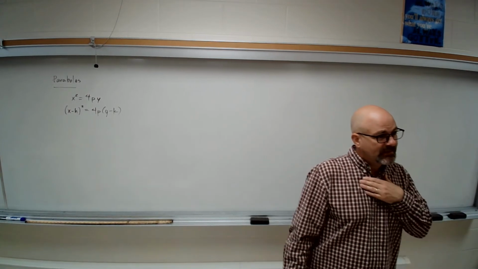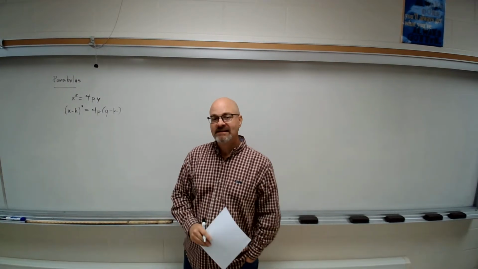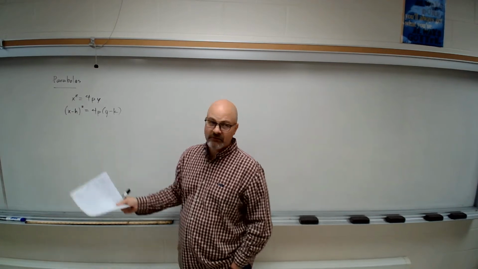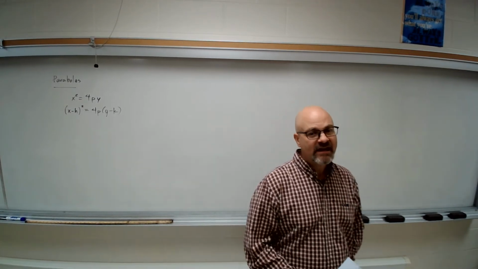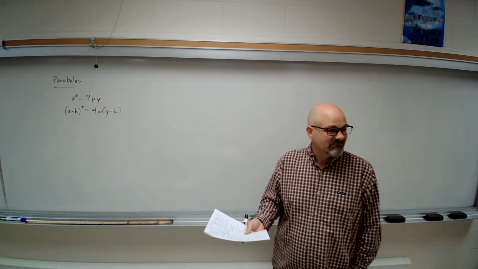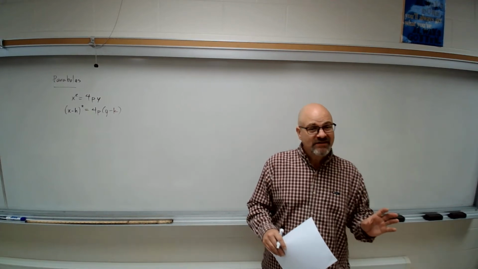This is just the generic one, which has a vertex at the origin. And this one is where the vertex is shifted and is now at (h, k). But really, once you find the new vertex, as we graph these, you're going to see everything just works the same way. Okay, so there's going to be a lot of equations.